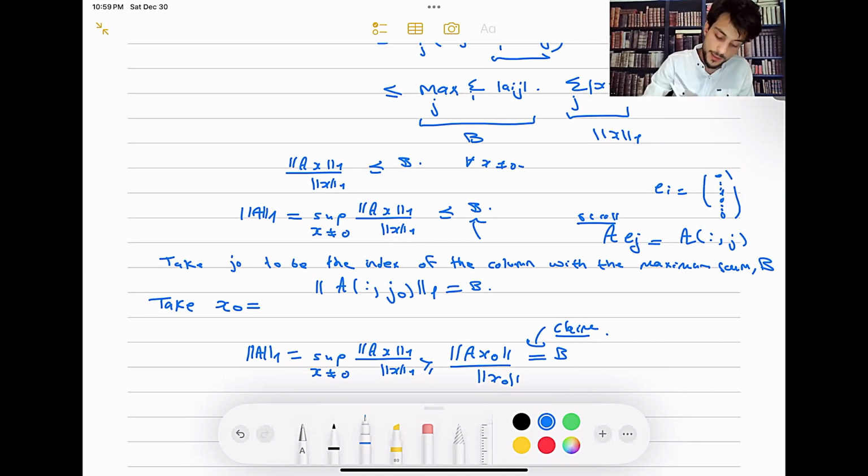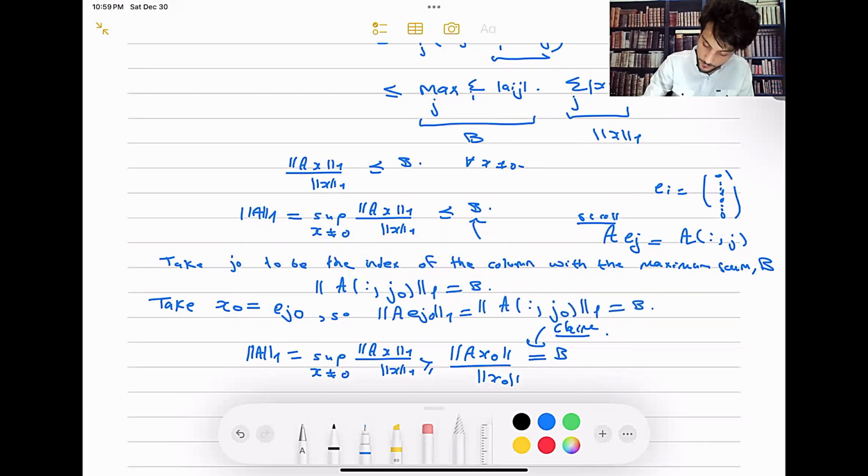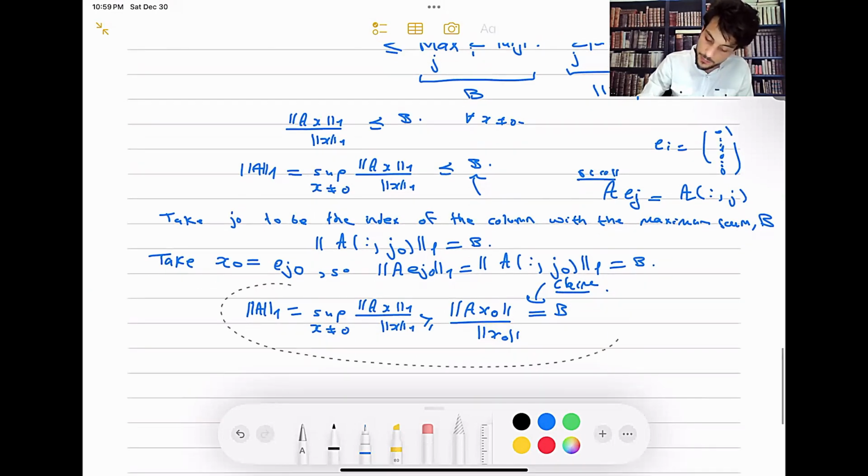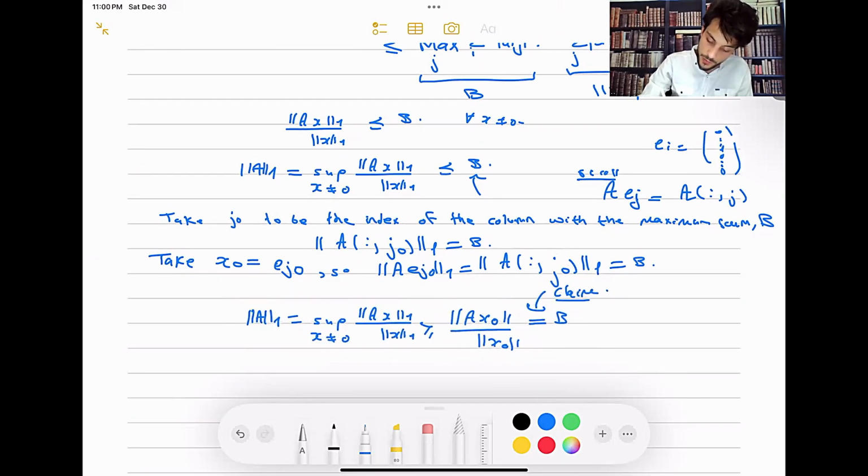So we're going to take x0 to be e_j0, so that A e_j0 in norm is just this thing in norm, which is just B. Cool.